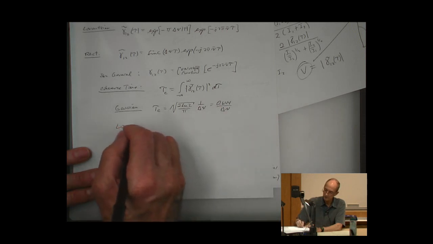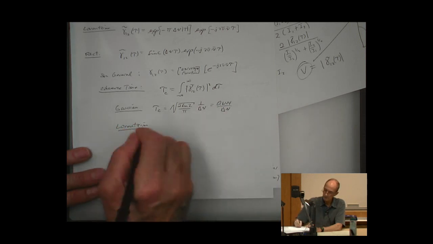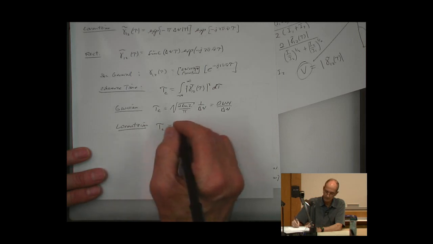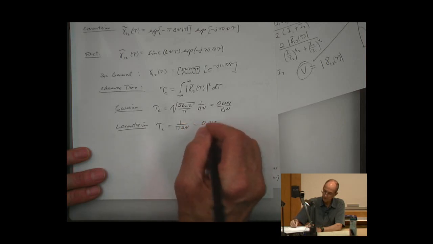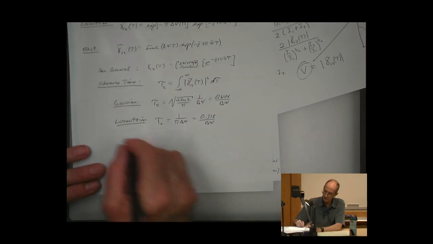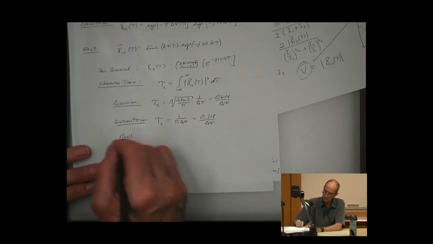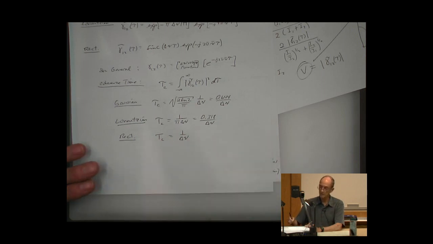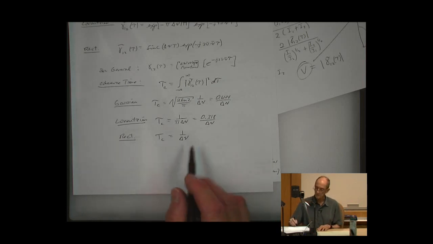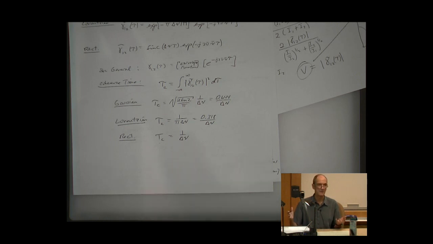For the Lorentzian, the tau c is 1 over pi delta nu, which is equal to 0.318 over delta nu. And for the rectangular function, the tau c is just 1 over delta nu. All right? So our original thought about the coherence time just being related to the inverse of the frequency spectrum of the source was pretty good, right?